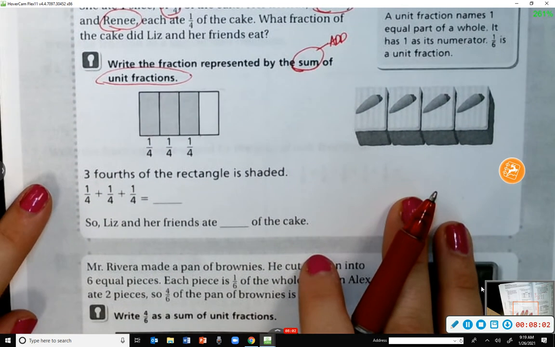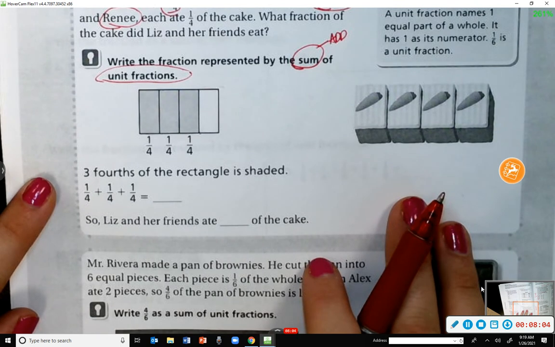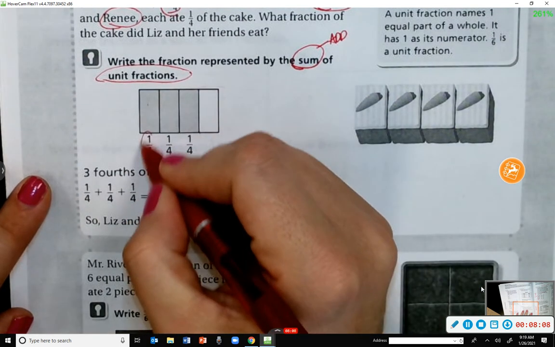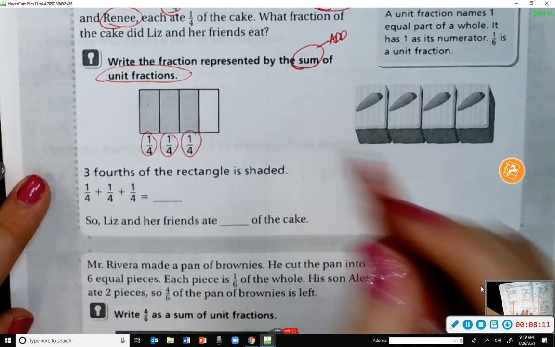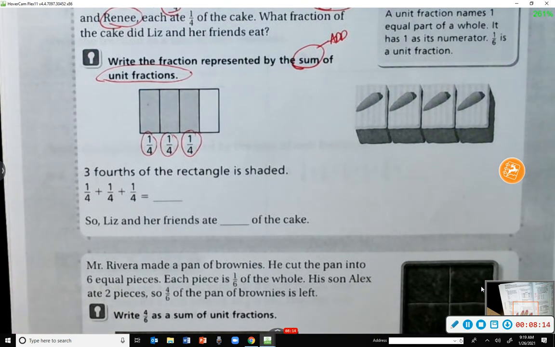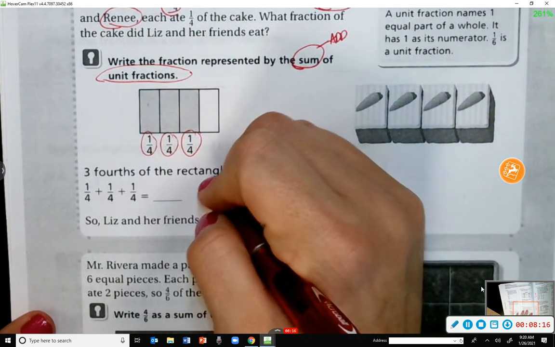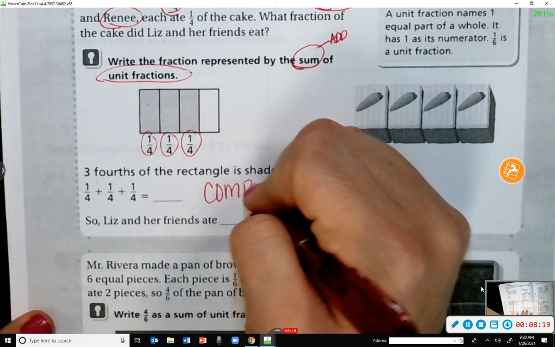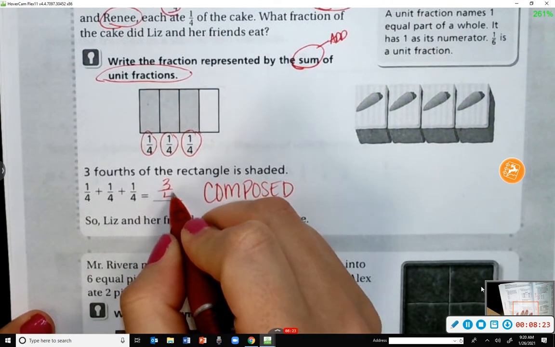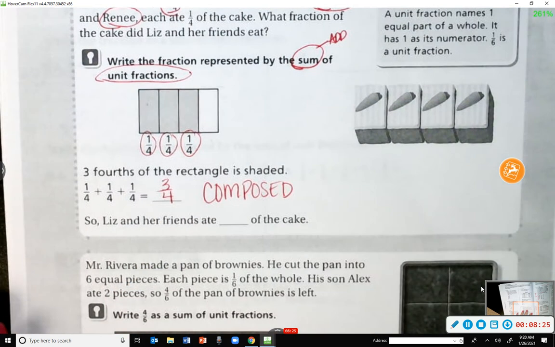So how much is shaded? 1/4 here, yes. 1/4 here and 1/4 here. So how much is shaded in all? 3/4. So you just composed those fractions into 3/4. Okay? You notice the denominator did not change.